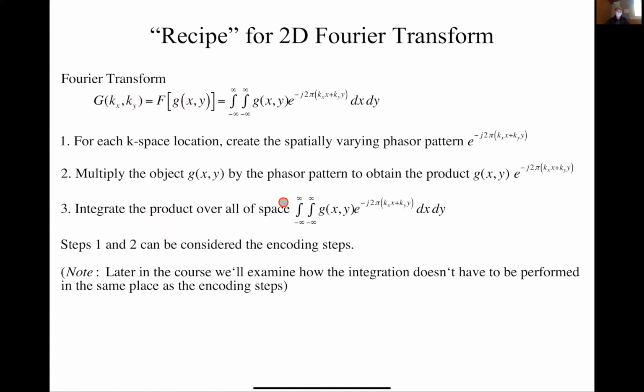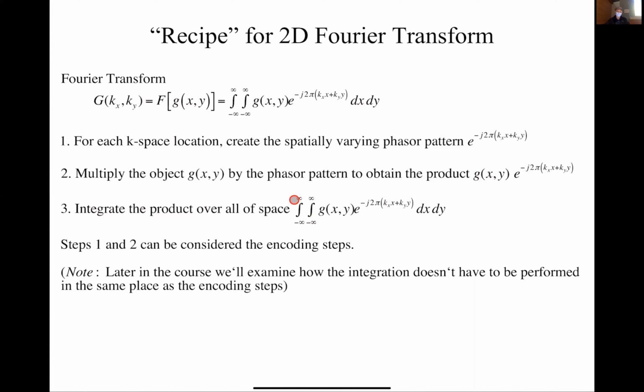The next thing this formula is saying is that I multiply that phasor pattern by my object, g(x,y), times this thing. But as we said, in MR that's basically implicit, because that's just how many spins are at that location. If there's no spins, then I'm essentially multiplying by 0. If there's a lot of spins, I'm essentially multiplying by a big number. So that part is essentially for free.